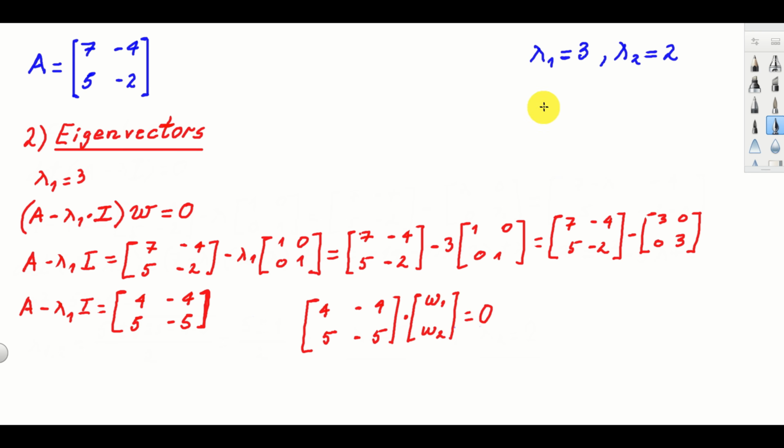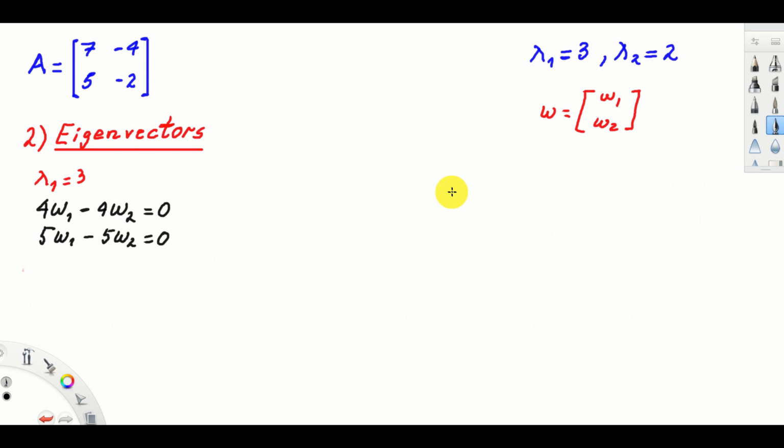Let's write it down over here. w is actually w1 and w2. And then what do we have over here? We have 4w1 minus 4w2 is 0. And then we have that 5w1 minus 5w2 is also equal to 0.